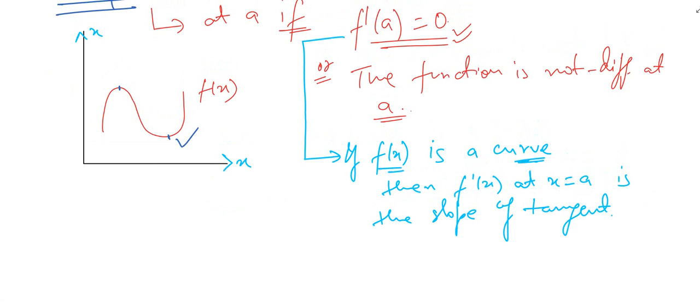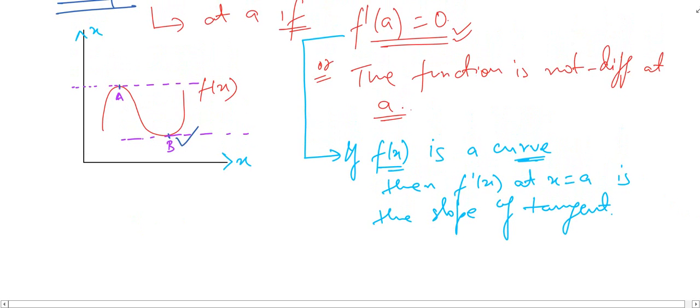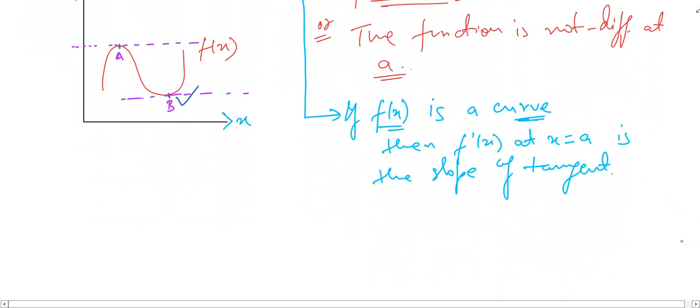So we can say that these 2 points a and b in this graph are those points at which, if we draw a tangent like this, it would obviously be parallel to the x-axis. So this is the core concept behind a critical point.